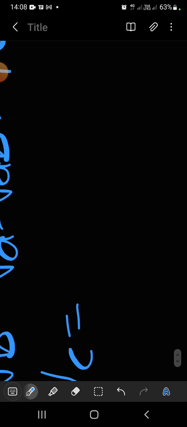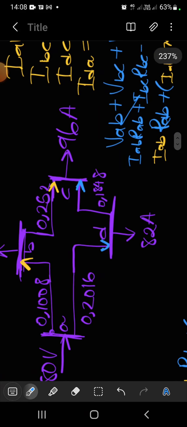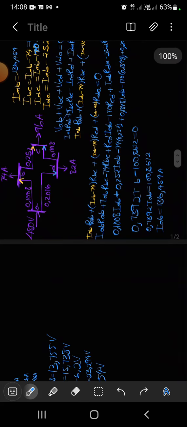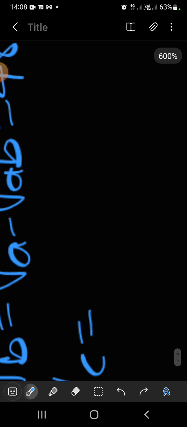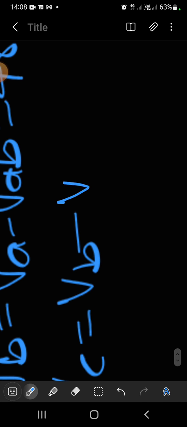And then we have VC. What is VC? Voltage here, looking at the arrows. I'm sorry, I'm distracted. Let me pause this. VC is gonna be VB minus VBC, right?